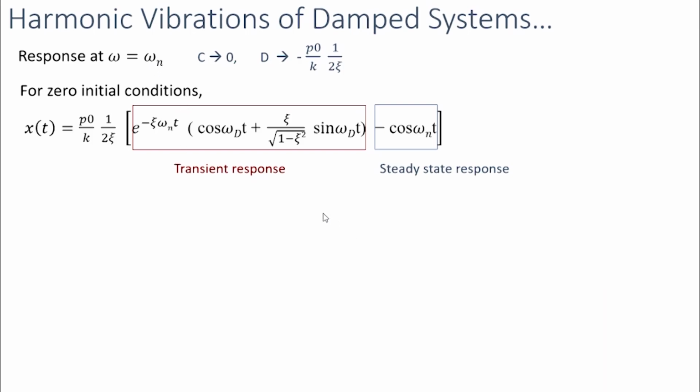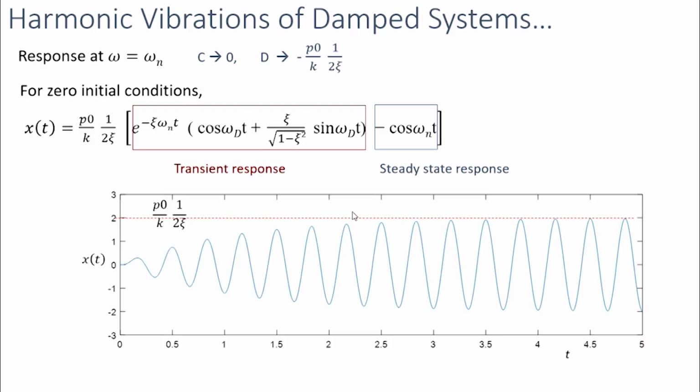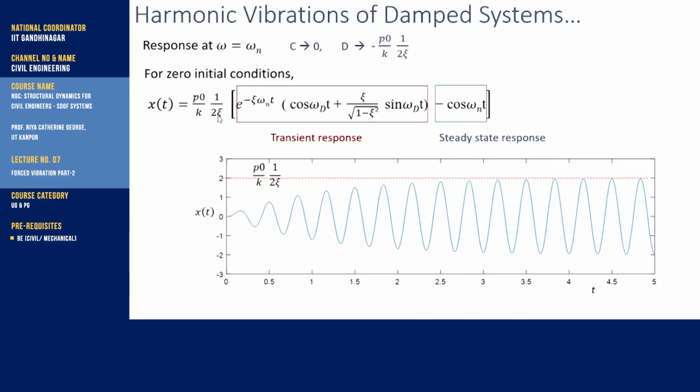Now let's see the solution graphically. So the solution looks like this. The amplitude of this steady state response is equal to P naught by K multiplied by 1 by 2 zeta. Unlike in the case of undamped systems, this amplitude is not a function of t.